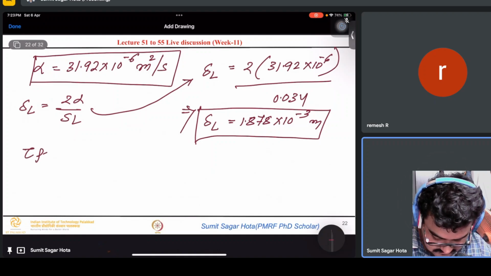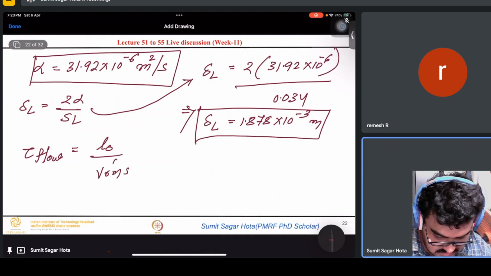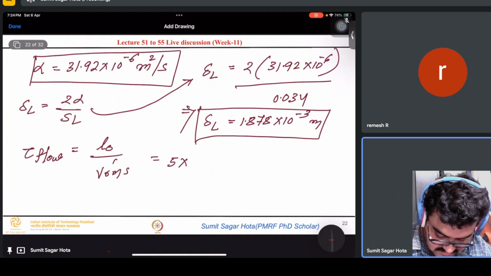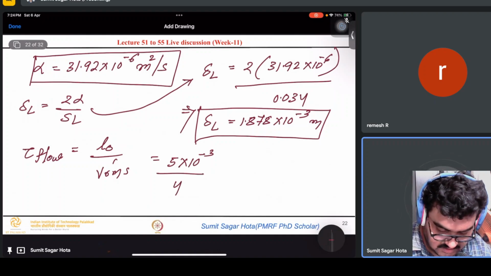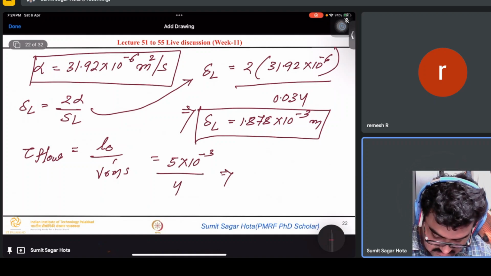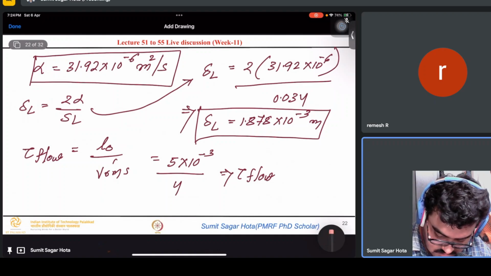Now the flow time scale: tau flow is l by VRMS prime, with l into 10 to the power minus 10. VRMS is also 4 meter per second. And the flow time scale, if you solve, is 1.25 into 10 to the power minus 3.